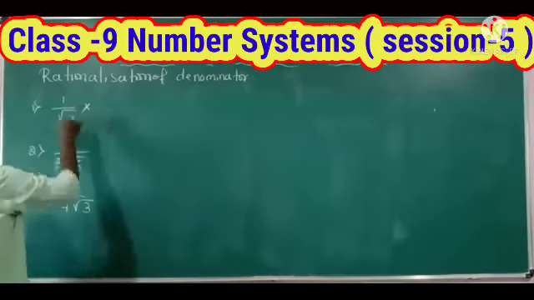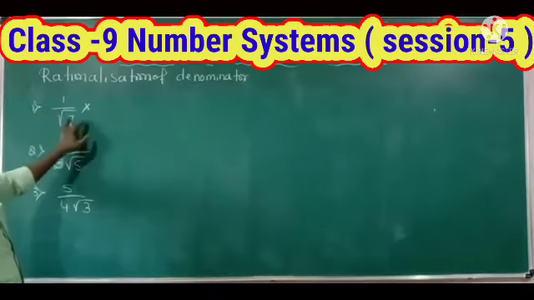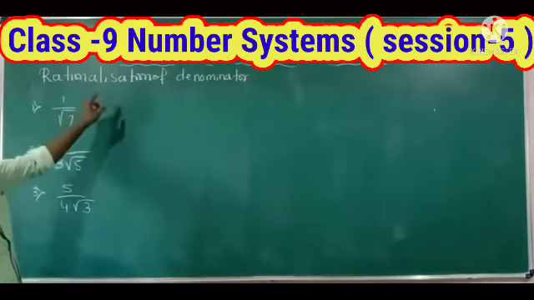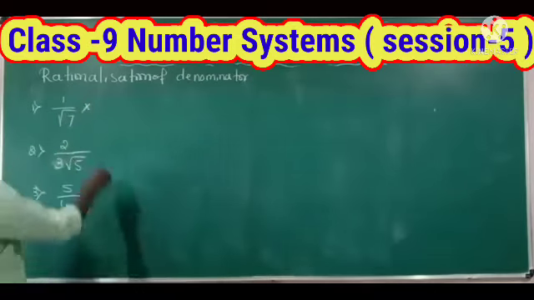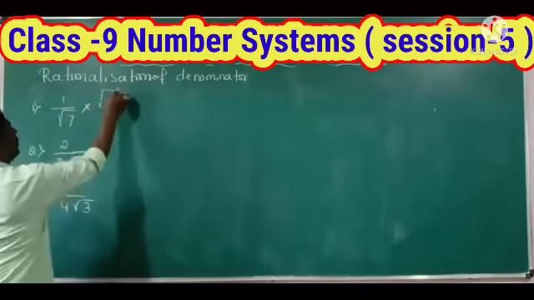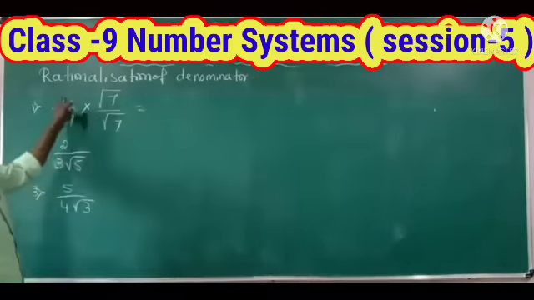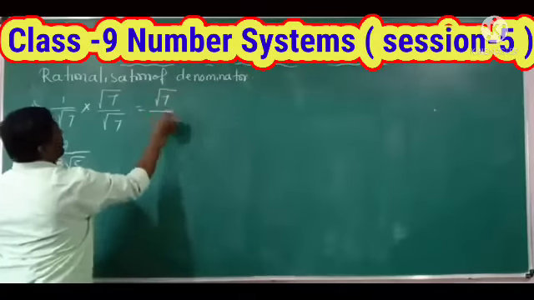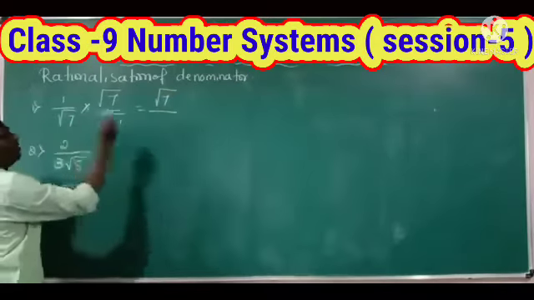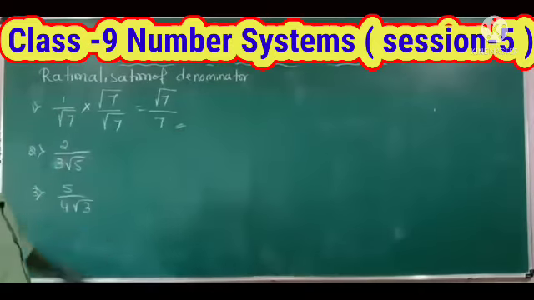So we need to multiply the rationalizing factor of the denominator for both numerator and denominator. Root 7 into 1, root 7, root 7 into root 7, 7. So this is the rationalized form of the first question.